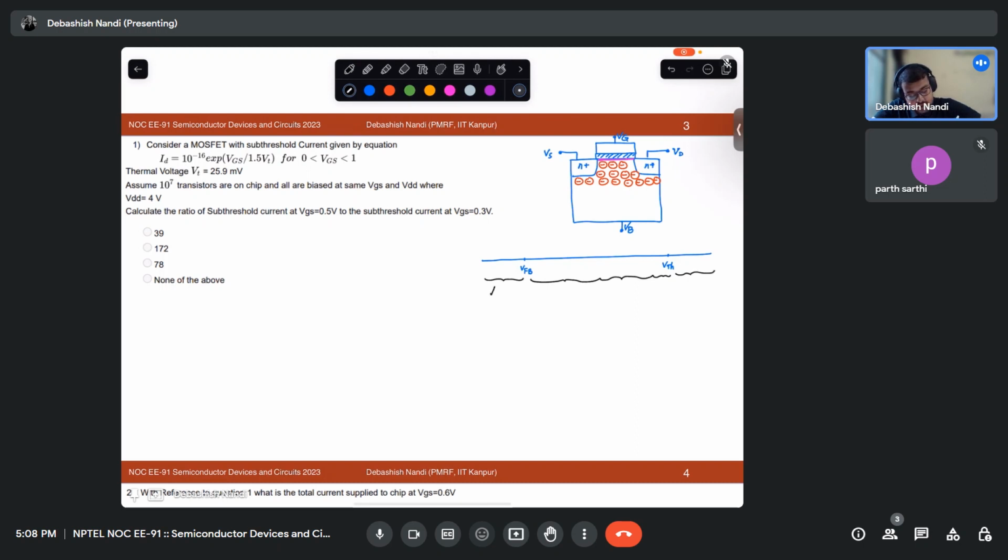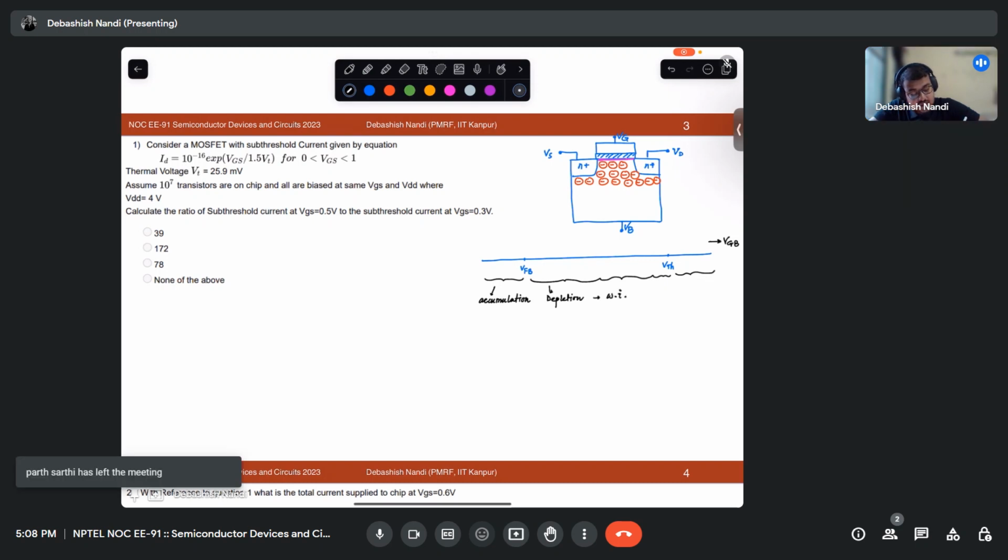Generally this region is called accumulation, and this is your VGB scale for the time being. After accumulation, you will enter into depletion. Then after depletion, you enter into weak inversion, then moderate inversion, and post that you get strong inversion. So this is the flow in which your device will operate.